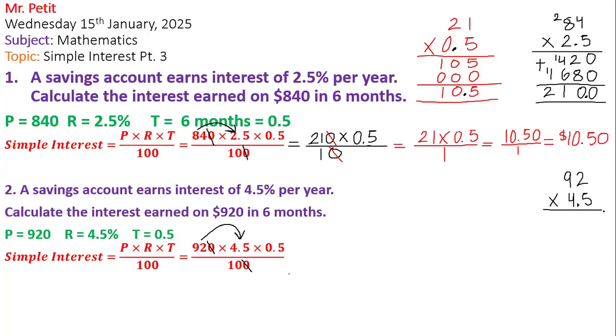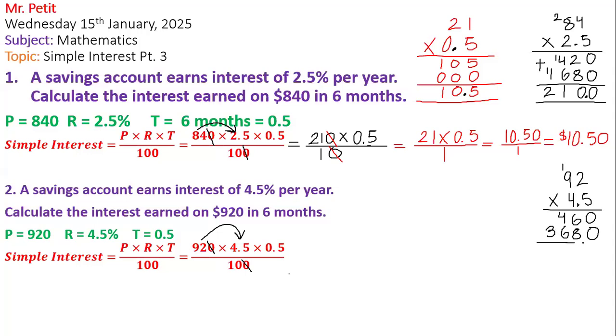So we put the 0 down, put the 1 up. We have 5 times 9. What is 5 times 9? 45 plus 1? 46. Put the 0 down. And we have 4 times 2, which is 8. And then we have 4 times 9, which is 36. So put the 6 down and put the 3 here.